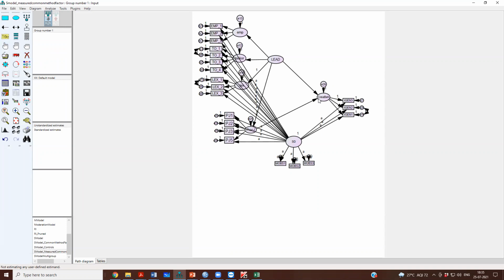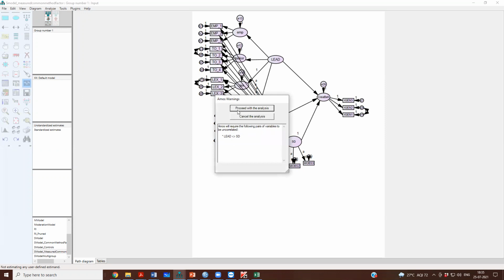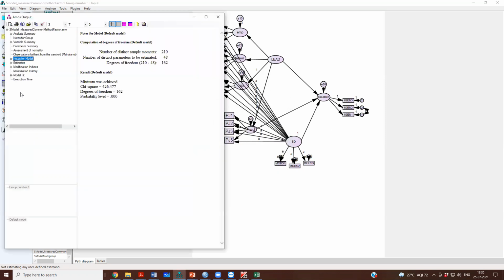But sir, if social desirability is one of the variables in our model itself, then how to account for common method? Then you will not. If it is already a factor in your model, then maybe you will have to drop these arrows, because you have already measured it, and then you model this path here, and it should now give you an answer.